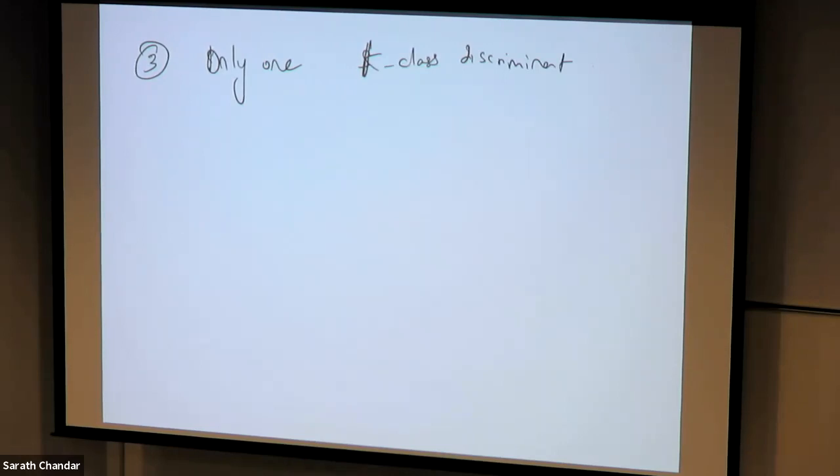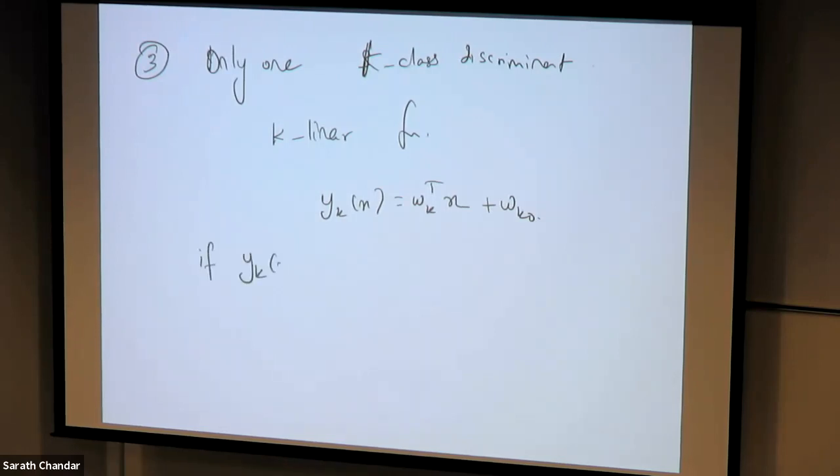Which is going to have k linear functions of the form yk of x is equal to wk transpose x plus wk0. So we're going to consider only k linear functions, and we're going to say that if yk of x is greater than yj of x for all j not equal to k, then x belongs to class ck.